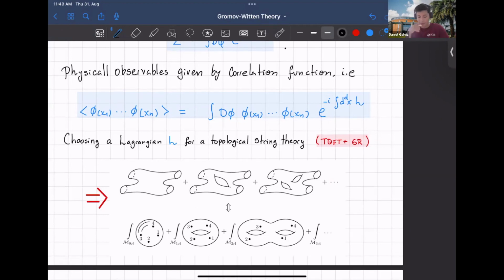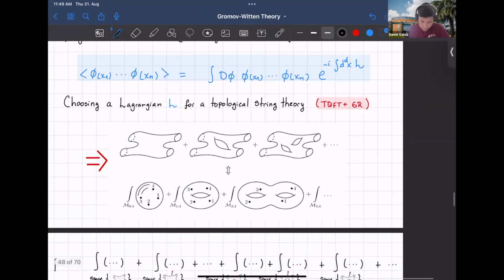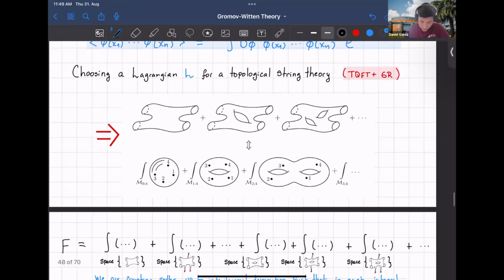And then, as I said before, we will do the integration over the moduli space. The moduli space is the space of Riemann surfaces, avoiding double counting. So you just take the quotient up to finite automorphisms.